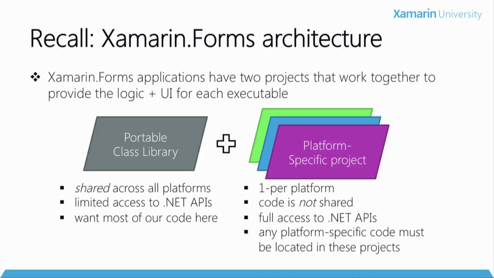However, these features are available in the platform-specific projects. So we can use them. We can write this code in the platform-specific project. But the question is, how do we make the Xamarin.Forms portable class library project aware of these platform-specific code snippets that we have there?